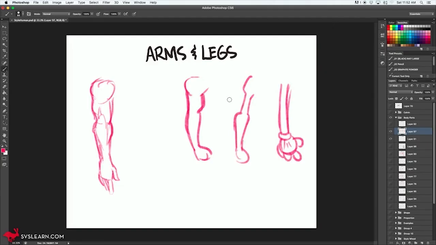Okay. That's arms. Legs are the same way. I mean, you could go super muscular with the legs and do every little tendon and joint in there. Got the foot like that, right?